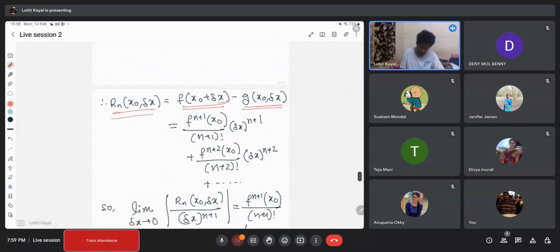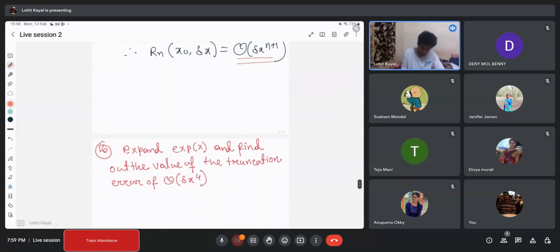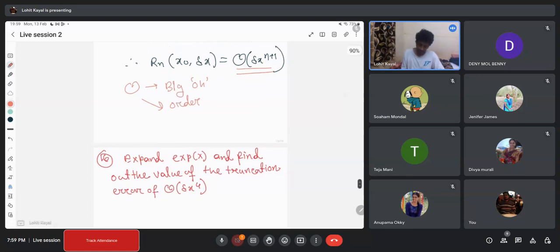So what is the meaning of this symbol? This is called big O, which indicates the order of magnitude. So how to visualize this? Suppose epsilon is a small number, epsilon tends to 0, and f of epsilon is some function, maybe sine to the power 4 epsilon.